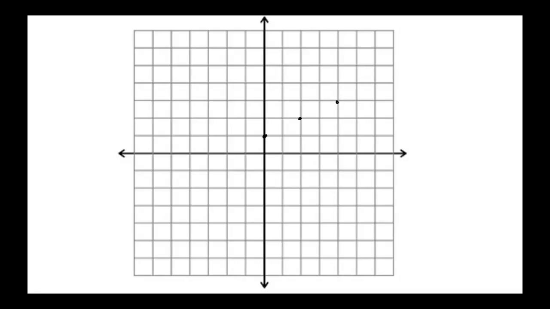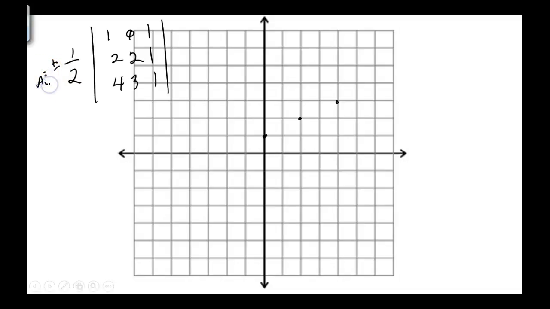But let's do them. 1/2 the determinant of, that's a 1, 0, 1, 2, 2, 1, and a 4, 3, 1. Okay, it's going to be plus or minus that. This will be area. Okay, so let's see what we get.